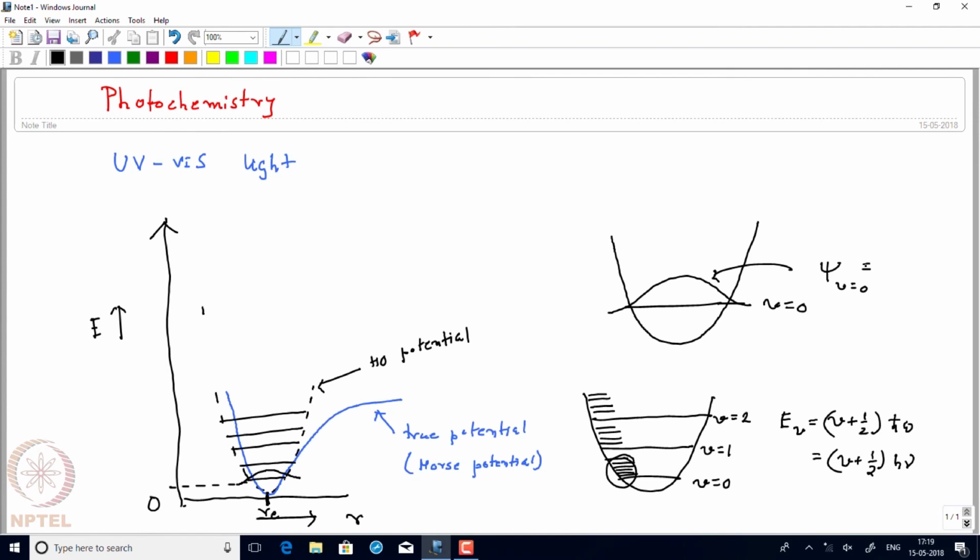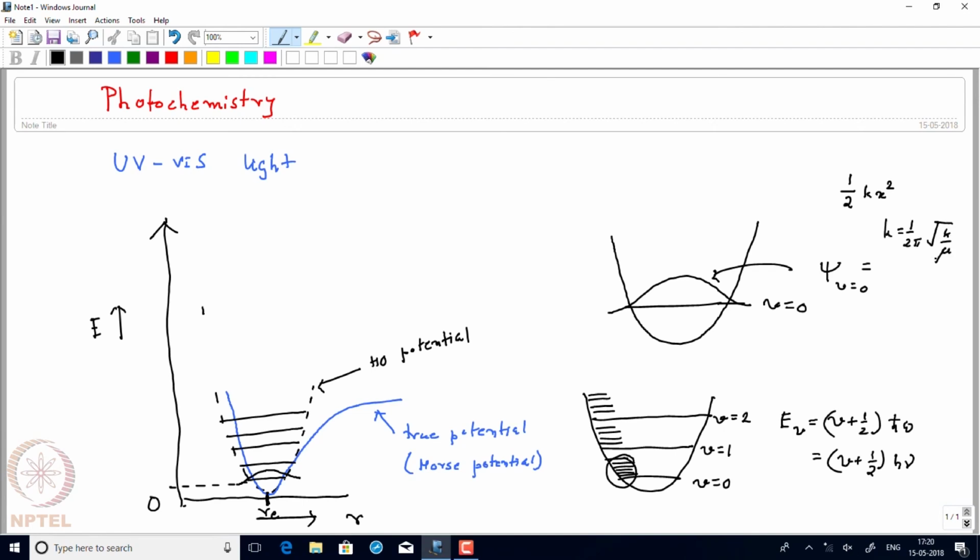If you use the potential in the Schrodinger equation to be just the one dimensional harmonic potential, which is half k x square, and the frequency is 1 over 2 pi root k by mu.